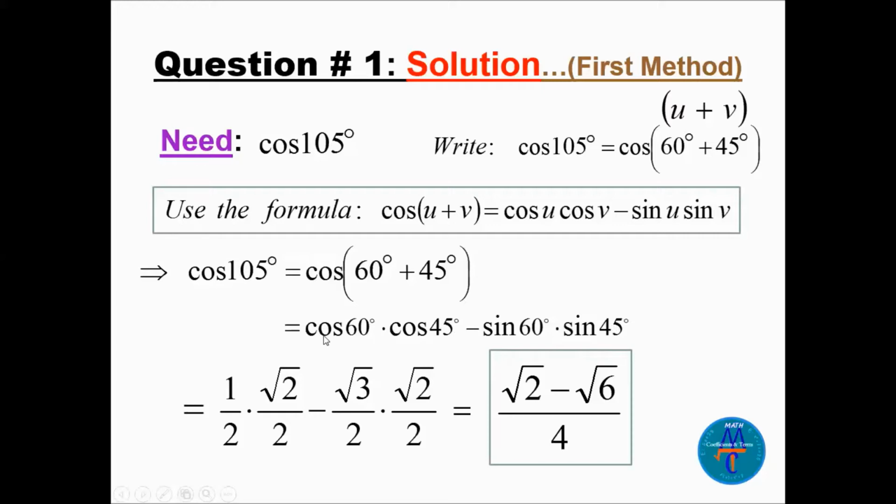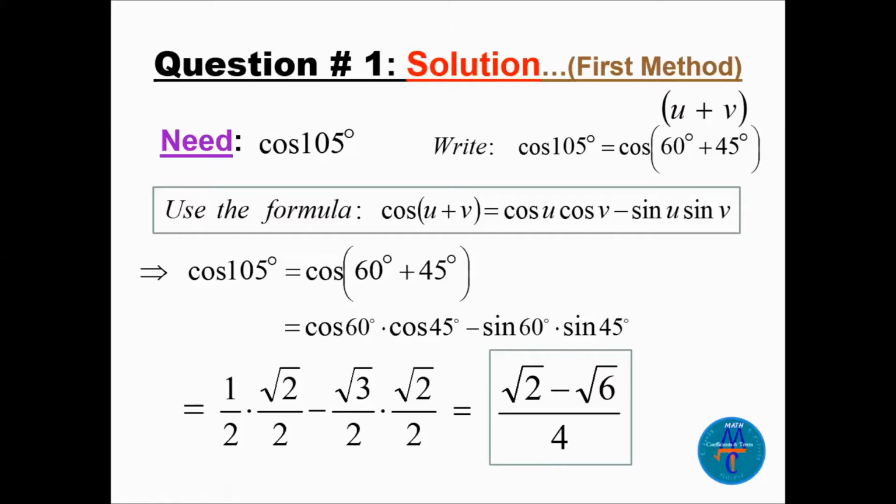So we know the values: cosine 60 is half, cosine 45 is square root of 2 over 2, minus sine 60, which is square root of 3 over 2, times sine 45, which is square root of 2 over 2. Easy to multiply. Multiply the numerators, multiply the denominators. We have 4 and 4, so it will be square root of 2 minus square root of 6 over 4. This will be answer number 1.